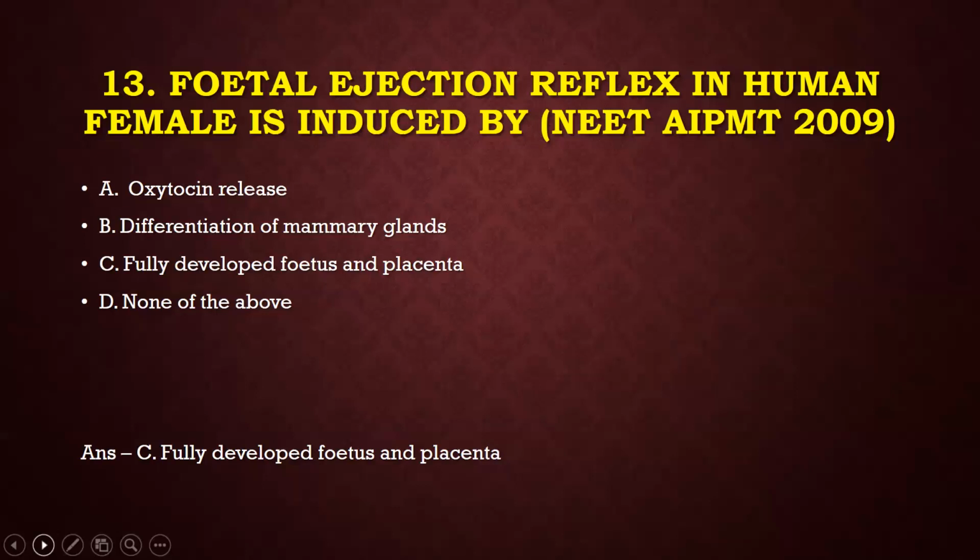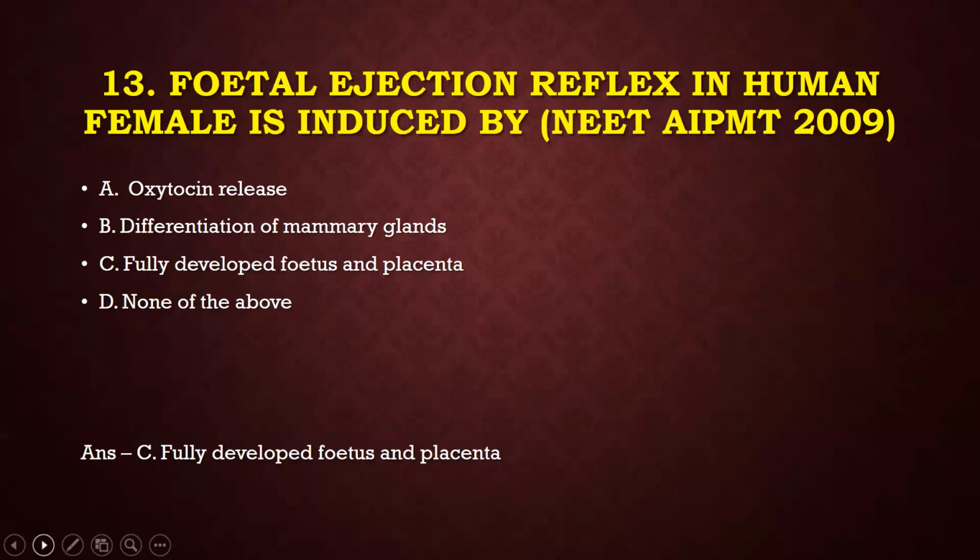So here, who gives the major signals? The major signals are given by the fully developed fetus and placenta. Once the fetus and the placenta are fully developed and able to come out of the womb of the mother, the fetus and the placenta themselves give the signals, and the mild uterine contractions take place, which we call labor pain.